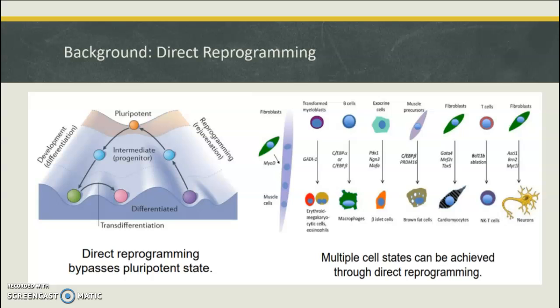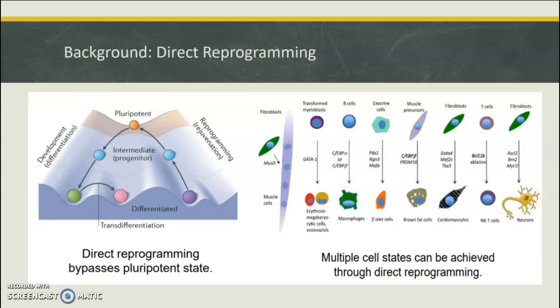In addition, direct cell reprogramming can also achieve multiple cell state types. So the figure on the right-hand side shows various cell lines that can be directly programmed into different cells.